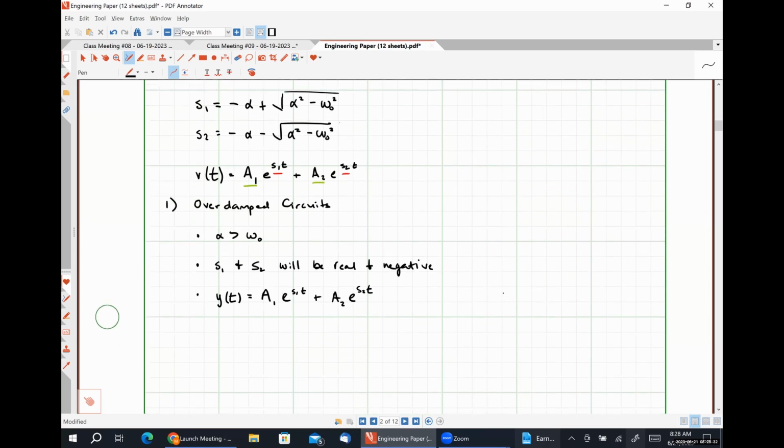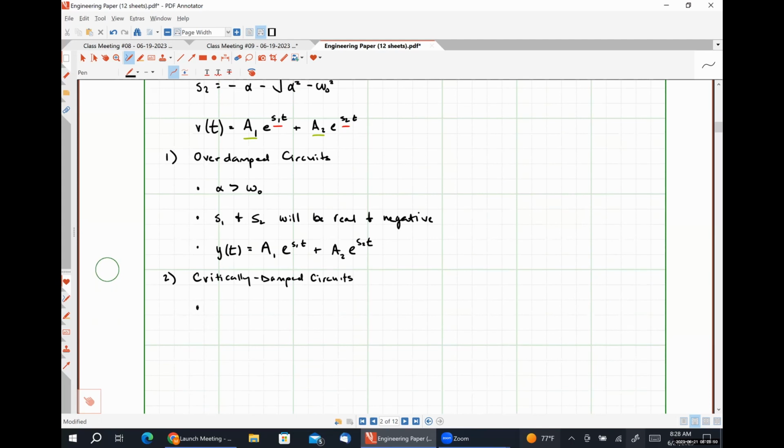Our second case is going to be for critically damped circuits. And for our circuit to be critically damped, alpha will be equal to omega naught. Now, this is something that isn't going to show up a lot practically, because we need alpha and omega naught to literally be identical.